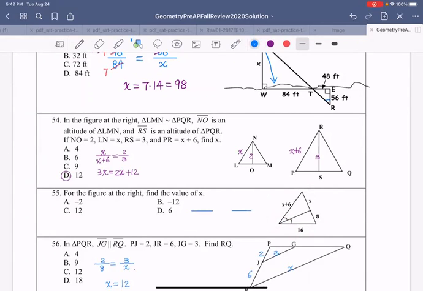It's x plus 6 divided by this equals, x plus 6 over 16 equals x over 8. Very good. Can we simplify this?